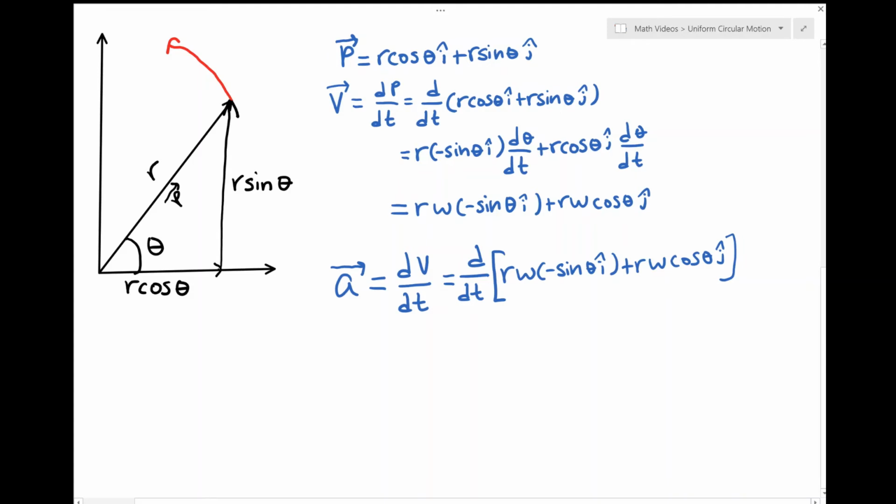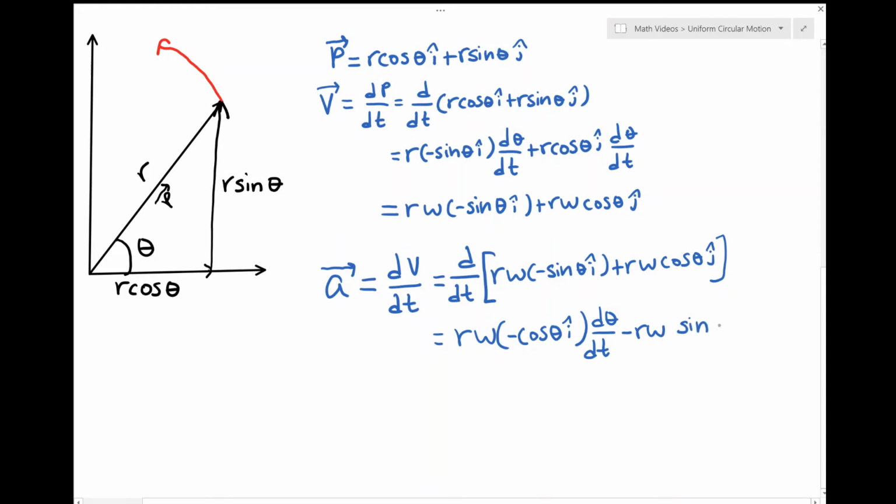This equals R omega, since omega is a constant, negative cosine theta i hat d theta by dt minus R omega sine theta j hat d theta by dt.